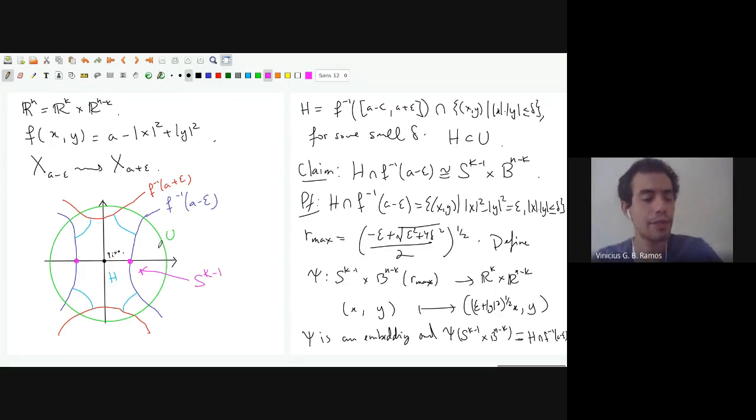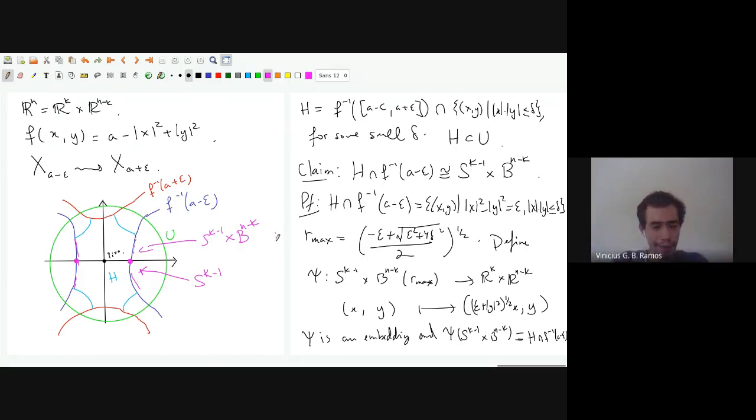So this thing here in pink, more pink, is S^(k-1) times B^(n-k). Okay, so that's the part of H that intersects the preimage of a minus epsilon.